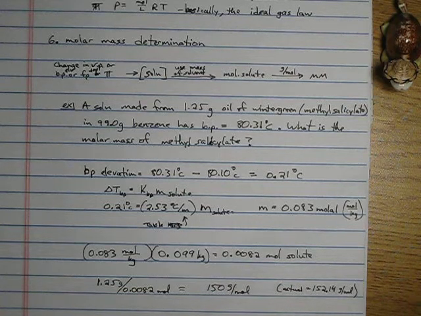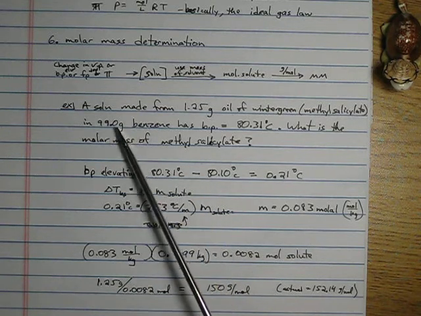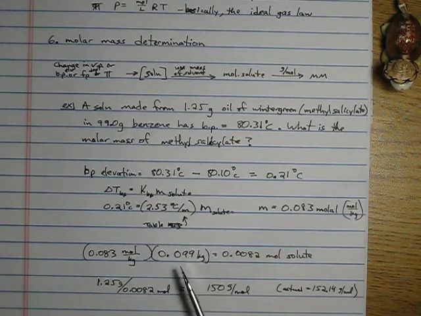All right. So, note, if we have 0.083 moles of solute per kilogram of solvent, our molality, we had 99.0 grams of benzene, which is 0.099 kilograms. Kilograms cancel, and that says we've got 0.0082 moles of our solute.